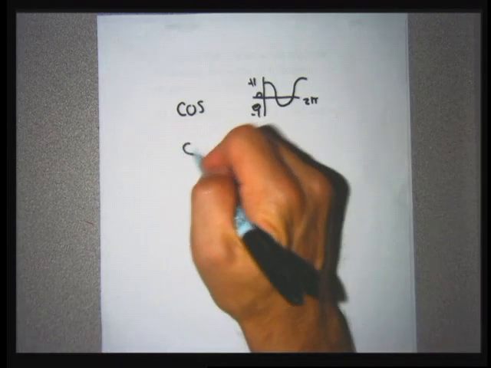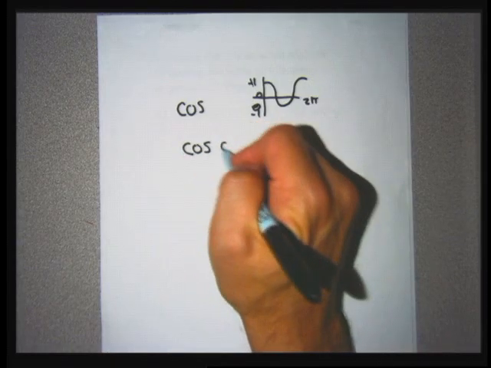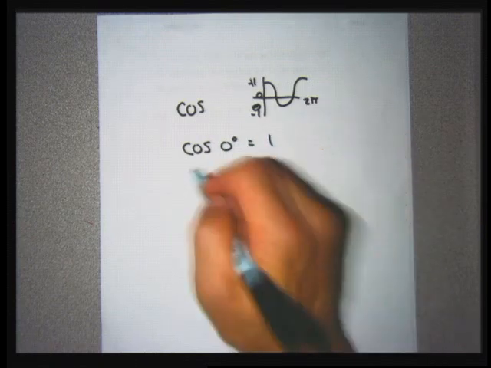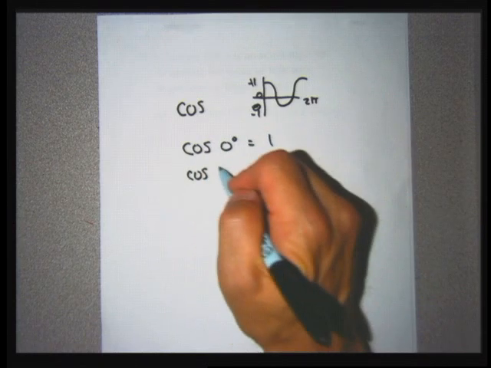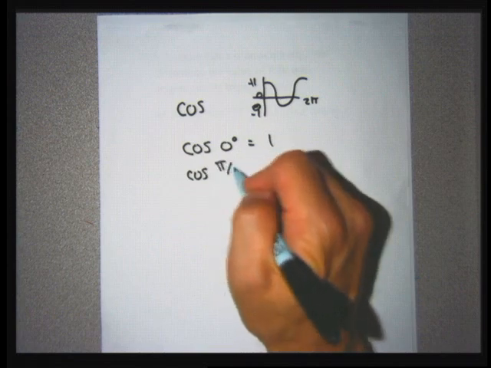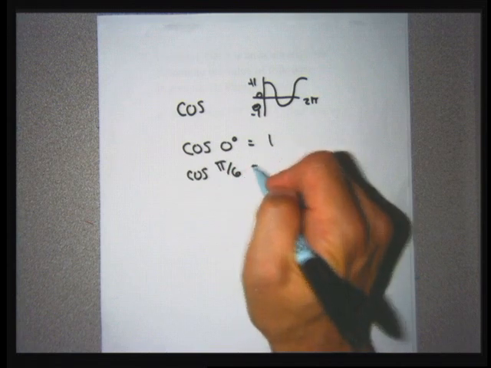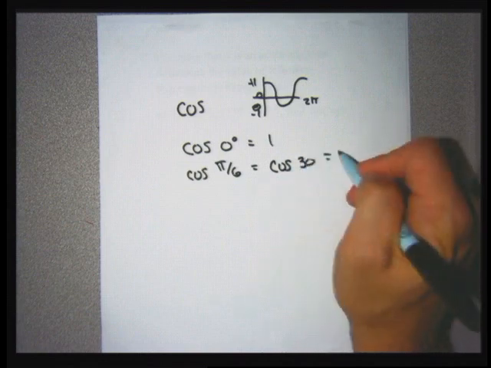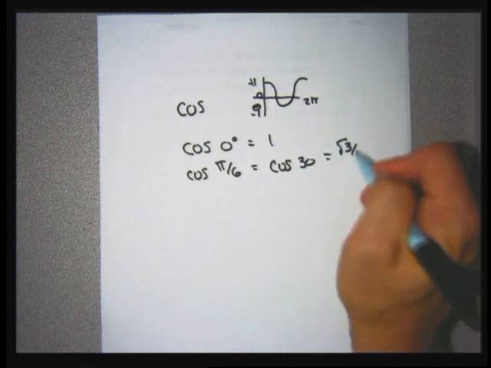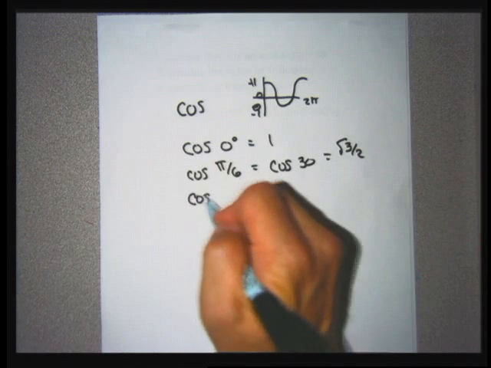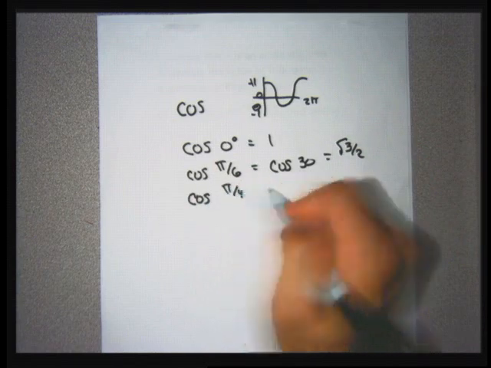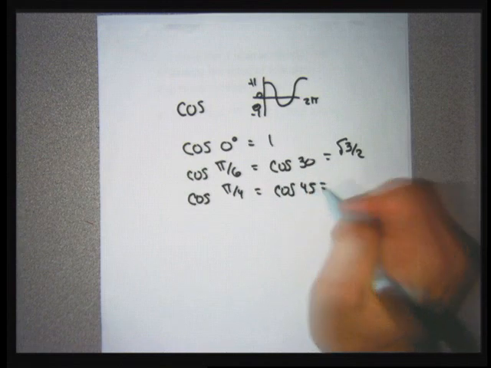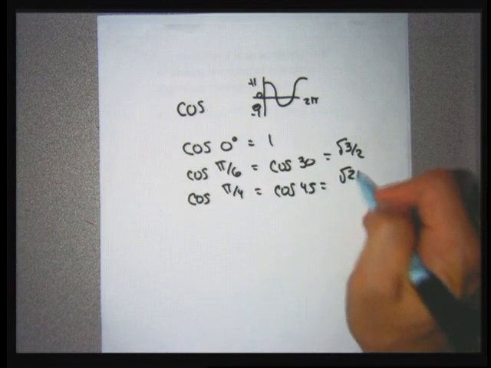And you should probably know the cosine of some basic values. The cosine of 0 degrees or 0 radians is 1. The cosine of pi over 6 radians, which is the same as the cosine of 30 degrees, is the square root of 3 over 2. Should know the cosine of pi over 4, which is the same as the cosine of 45 degrees, is the square root of 2 over 2.